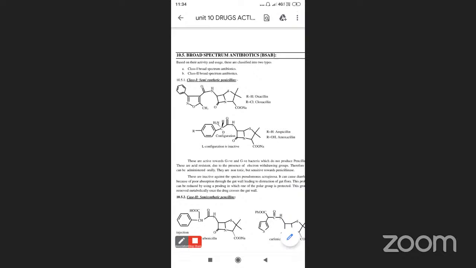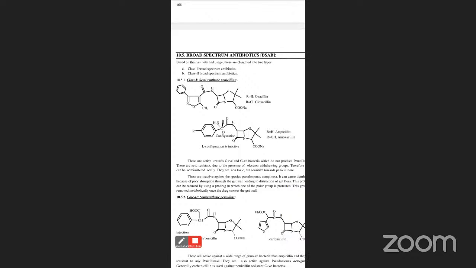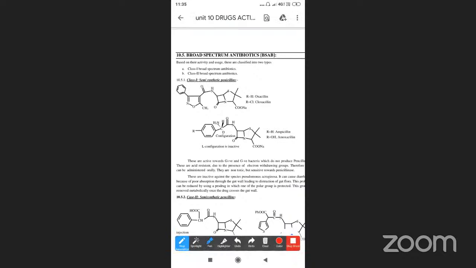You can see here, first you take the class 1 semi synthetic penicillins. You see the 6-APA is common here, where the 6 amino penicillanic acid is common, but only the R group is going to change. We are modifying the R group here, introducing various substituents in place of R. But we are keeping this 6 amino penicillanic acid constant.